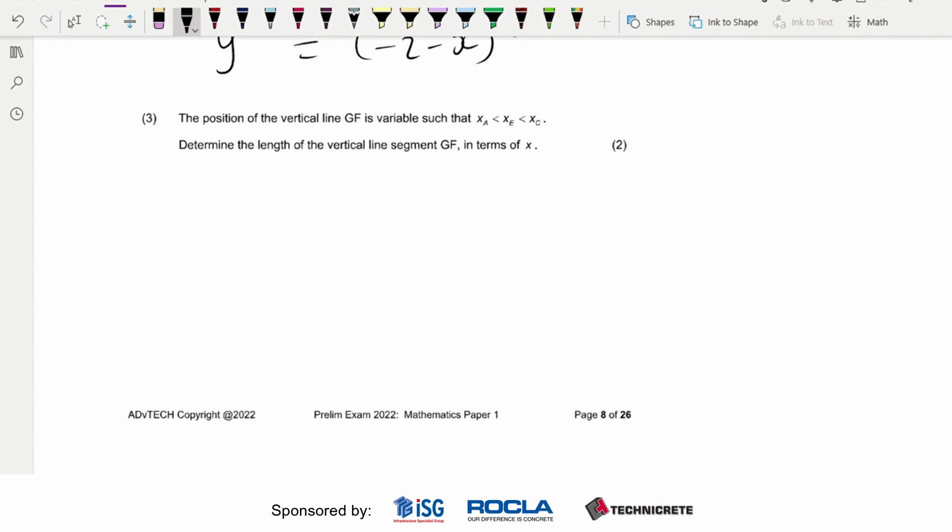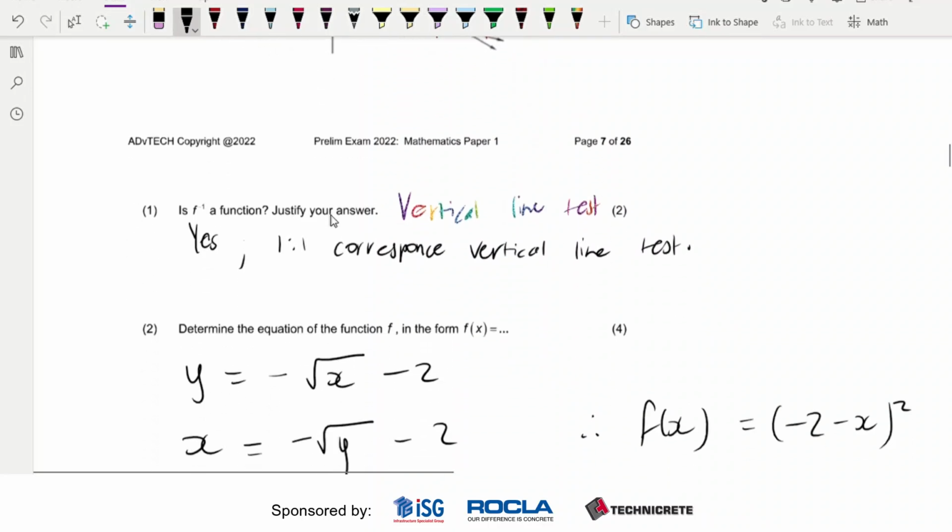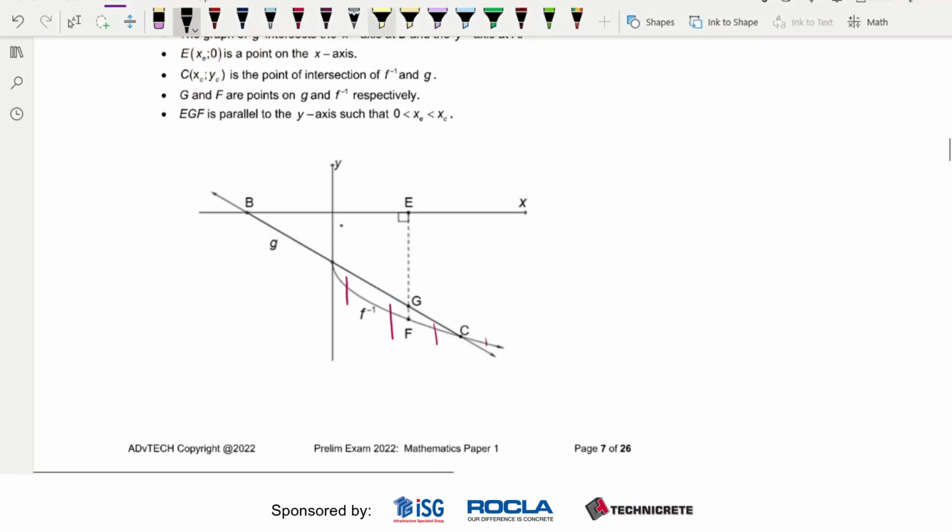This, very simply put, just means that GF is going to be the difference in the y coordinates at G and the y coordinates at F. And if we go back to our function, there we go, we see that this line GF is the distance between the inverse of f negative 1 and the function g of x.